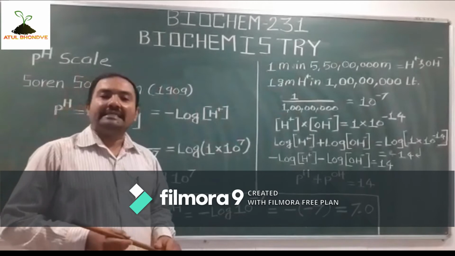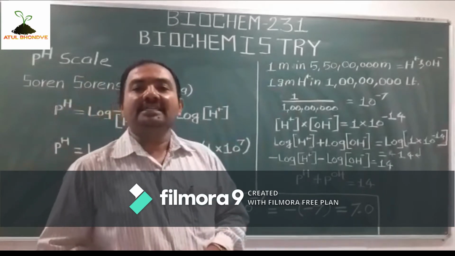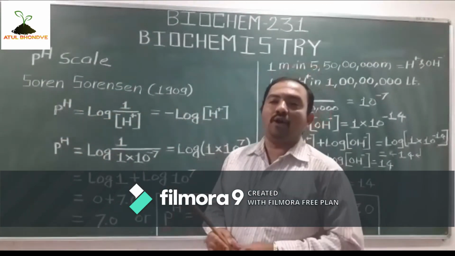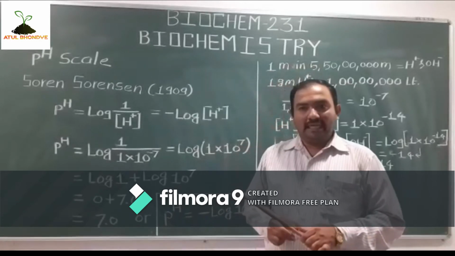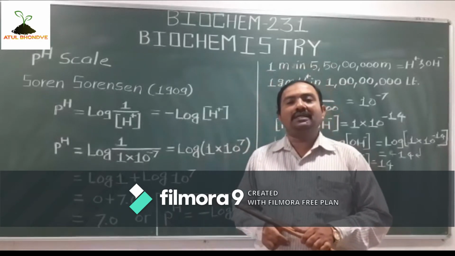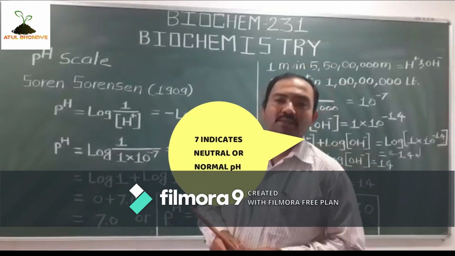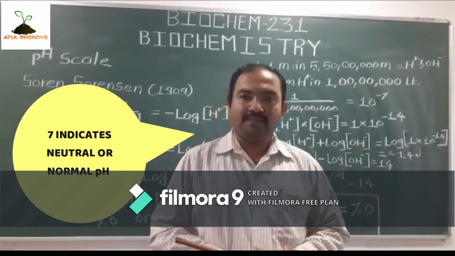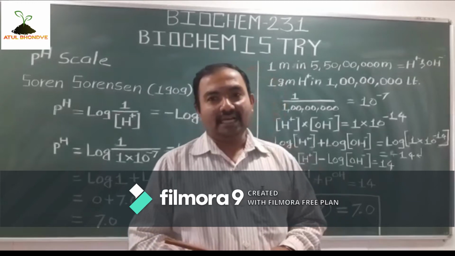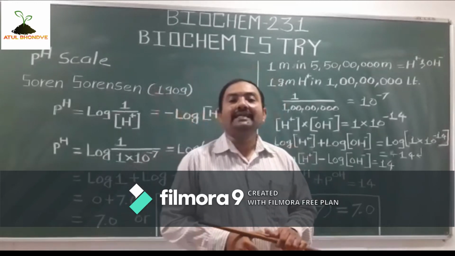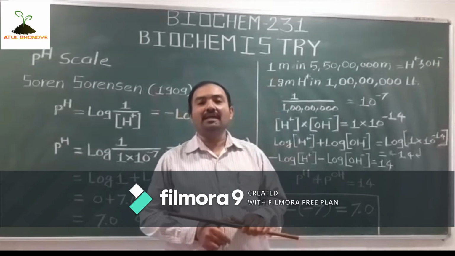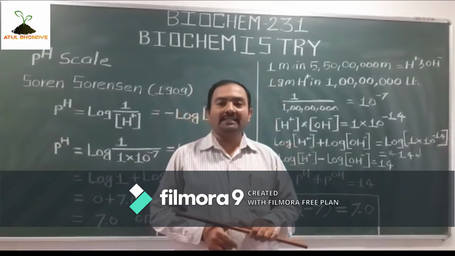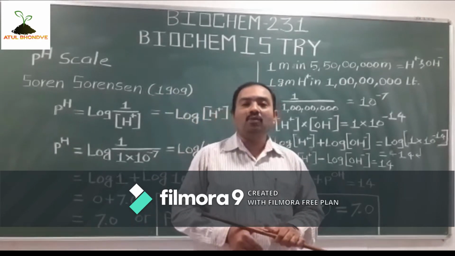And 7 is considered the neutral or normal value for the hydrogen and hydroxide ions, the dissociation products of water into H plus and OH minus. Already we learned in the previous class that water shows a slight tendency for reversible dissociation, ionization into H plus and OH minus.